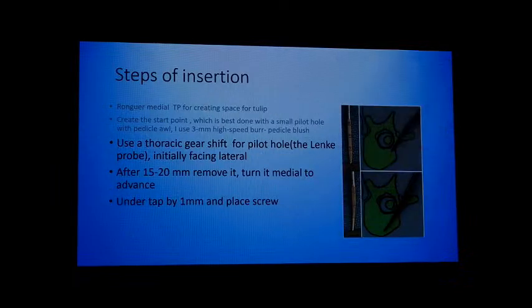Then use a Lengay probe. This Lengay probe is designed, you might have all seen it, and it has a slight curve. So use that curve facing laterally initially, and go about 15 to 20 millimeters. That means you've crossed the cord, and then take it out and turn it and put it medially. Then you can go till the end, and then you under-tap by 1 millimeter and then put the correct screw.